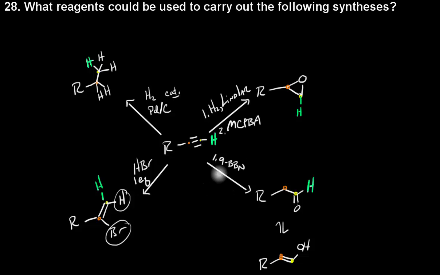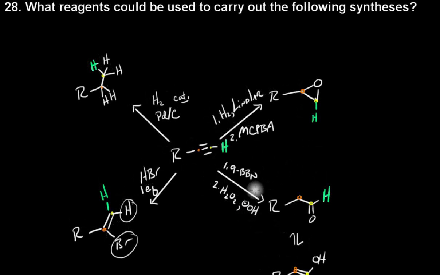And as the first step, this is the sterically encumbered boron reagent. So we're going to do our hydroboration, and then we're going to do our oxidation. So the second step is going to be hydrogen peroxide and hydroxide. Okay, and with these two steps, we'll end up forming the enol, which will then tautomerize up to the aldehyde.